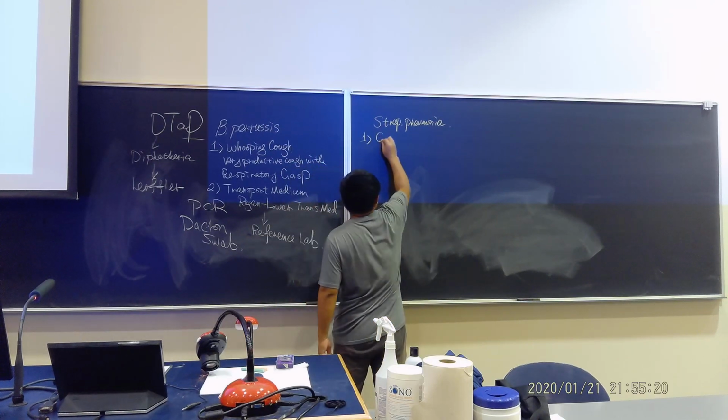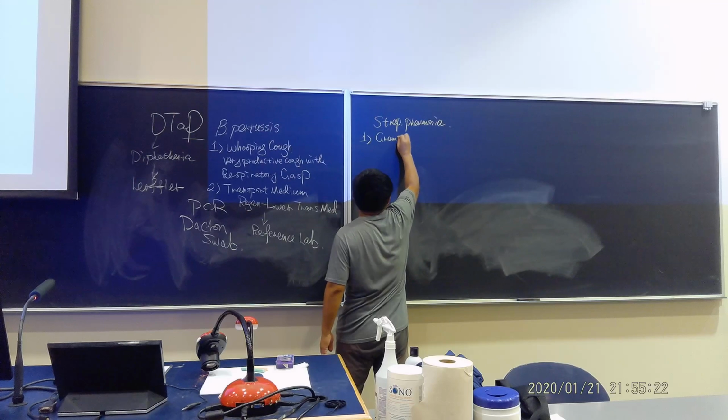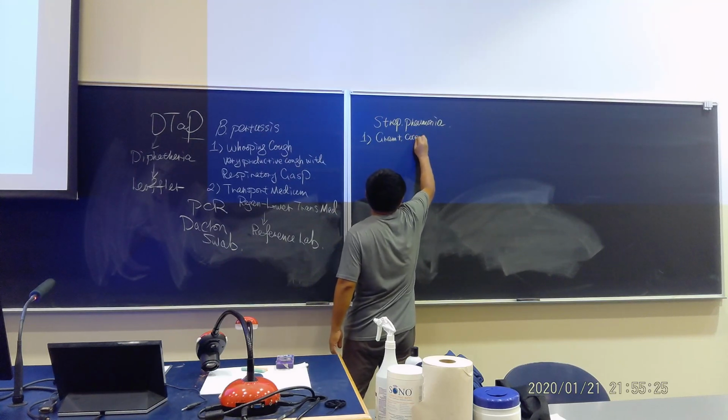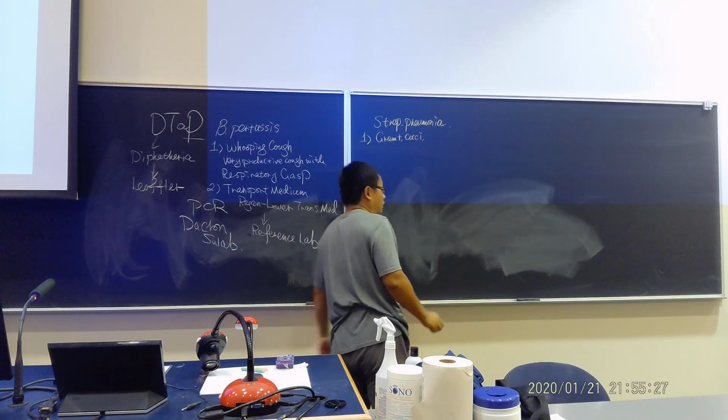First of all, this is a gram-positive coccus, and we know what it looks like.